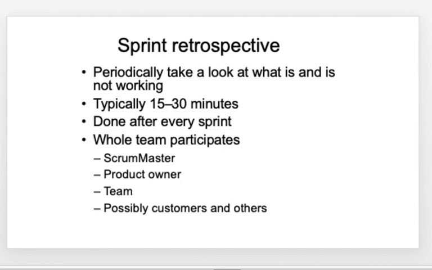Here also the entire team will participate, including the Scrum Master, the PO, and the team. If possible, the customers and others could be invited. It is not mandatory. But the Scrum Master, PO, and the team definitely need to be available for the sprint retrospective.